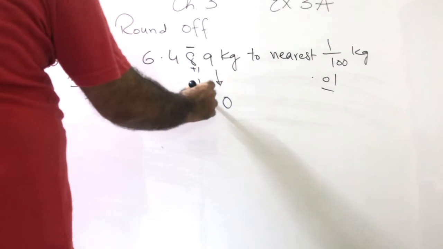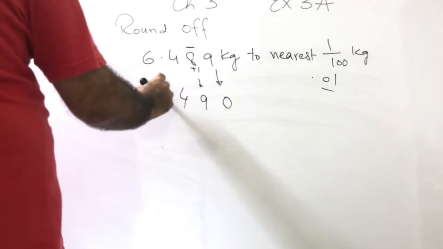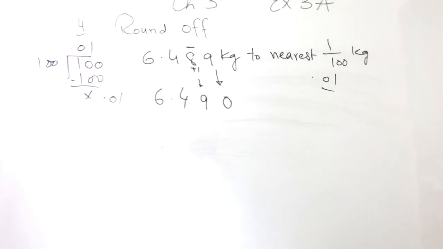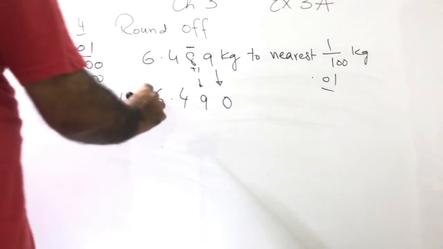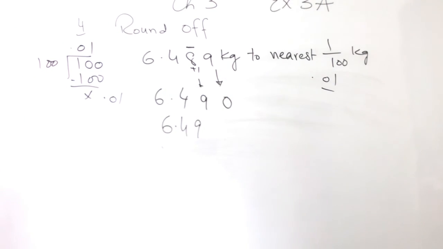It becomes 9. Then our rule says that everything on the left side is not changed. It comes as such. So 6.490, it means 6.49. 0 has no value. It is on the right side of the decimal place and it is on the end. 6.49 is the answer for part D.